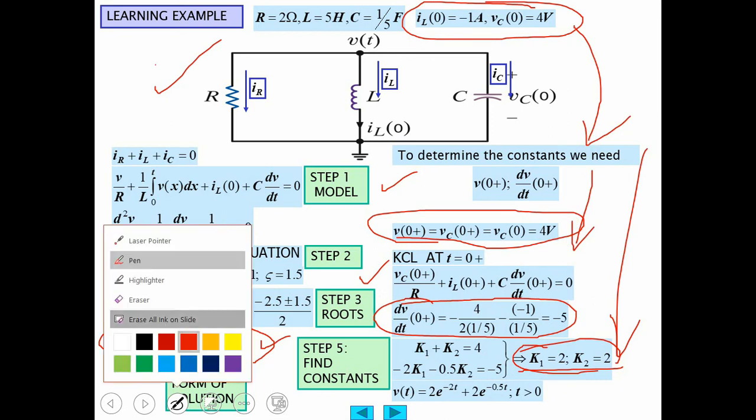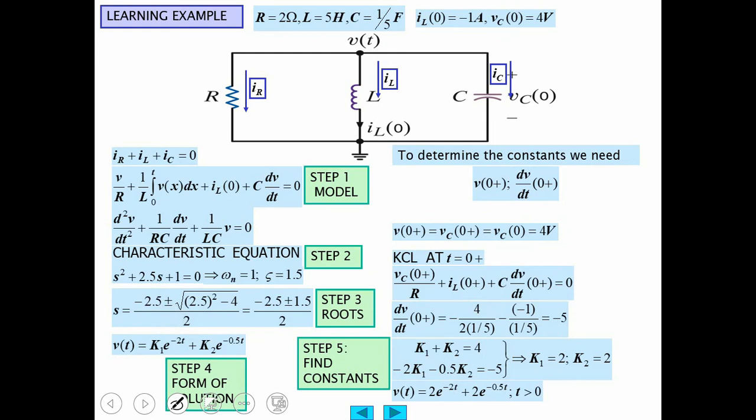One more thing I wanted to say. This trick right here. We just solved for dV/dt equals 0. We knew everything else. Okay. At 0, what's true?